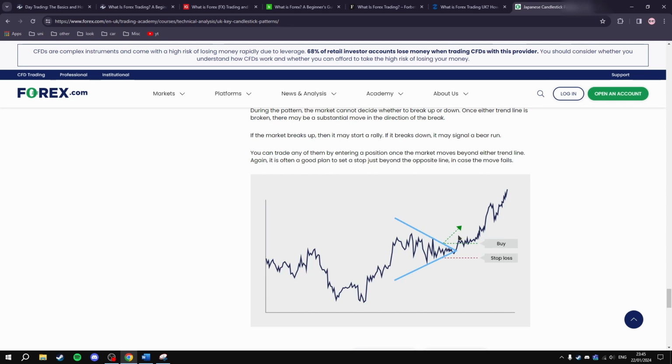No, you won't sell here because the market's going to go up, but you wouldn't know whether it's going up or down. That's the question. Moves beyond the trend line.